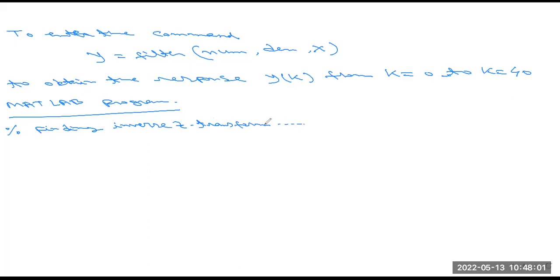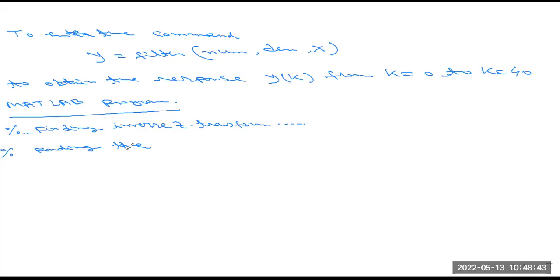Then percentage here also. Some versions of MATLAB do not use any comment, so in different previous versions some commands you have to give for any particular operation.